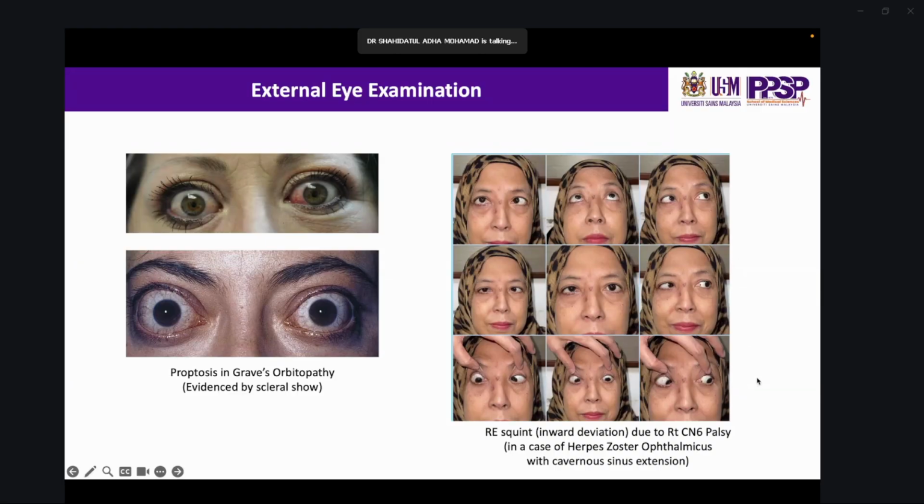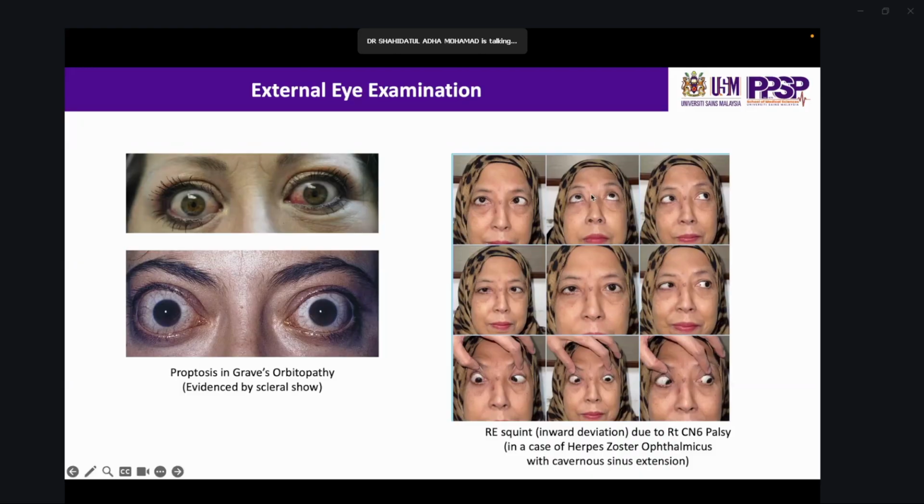On the right is another patient. Look at the center image, where you can see the right eye is squinted, moving inward. If you look at all 9 gazes, the finding is consistent with right cranial nerve 6 palsy, and this is a real case of herpes zoster ophthalmicus with cavernous sinus extension.